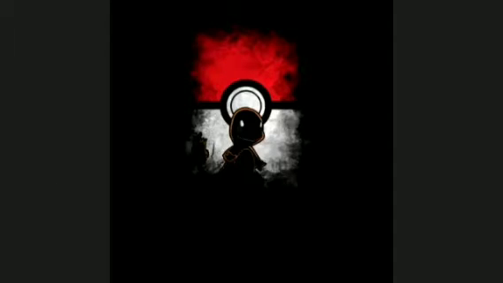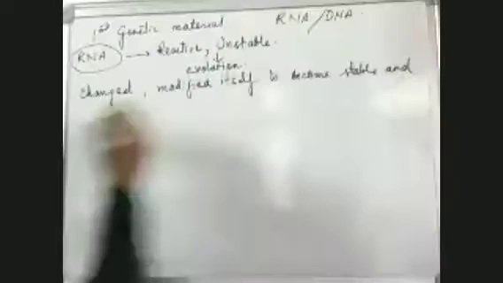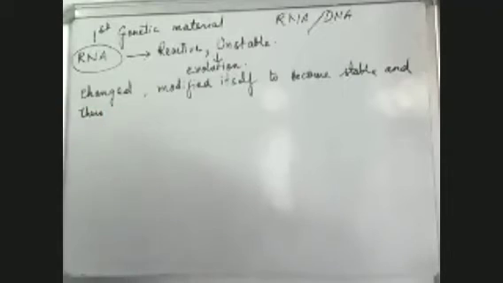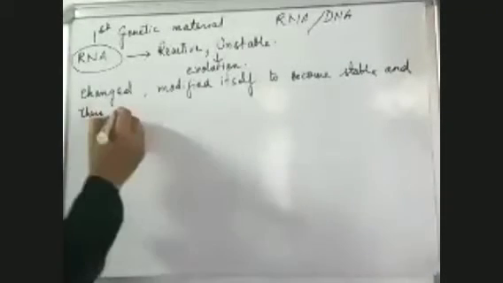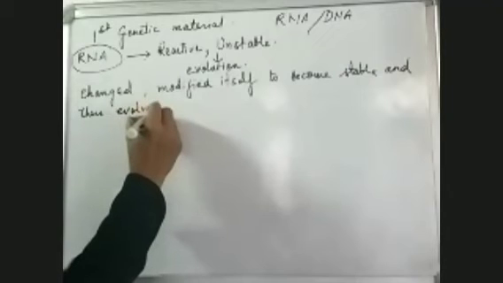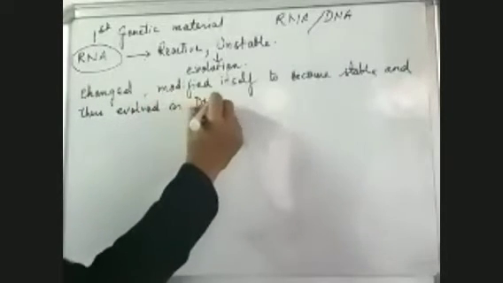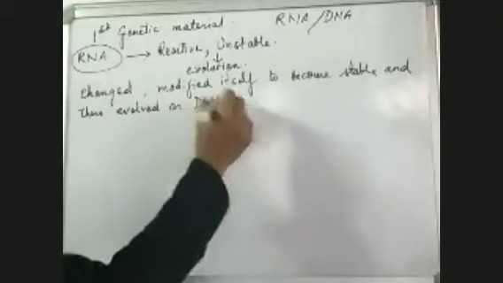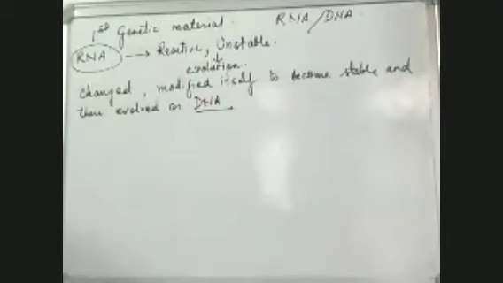and then evolved as DNA. Because it was RNA which was unstable, it was RNA which was reactive. Everything in nature wants to be stable.